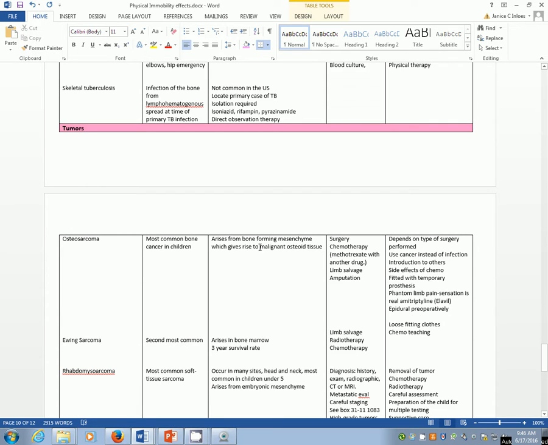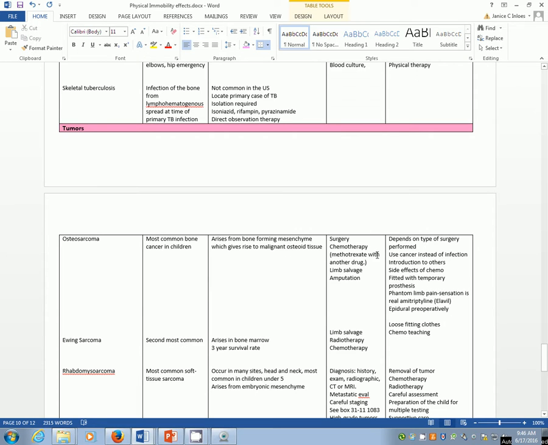So this is actually during the embryonic stage when this is being laid down, because all of your tissue is developed there. But it's going to develop from the outer portion of the bone, not the inside of the bone.